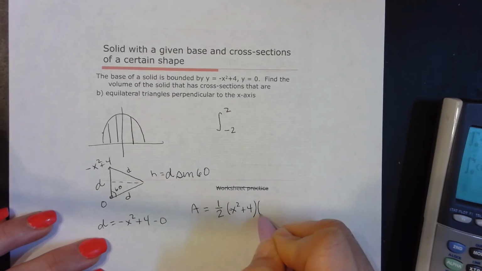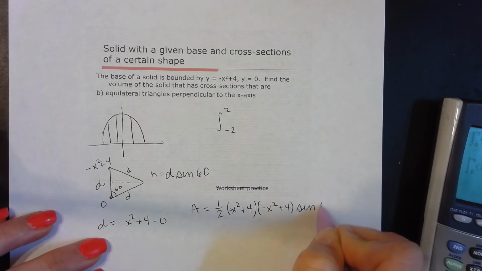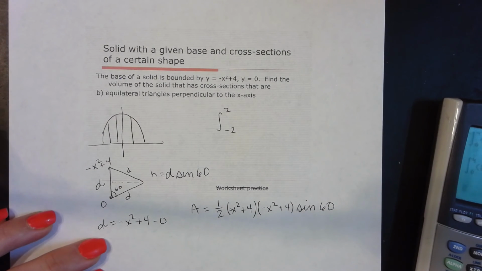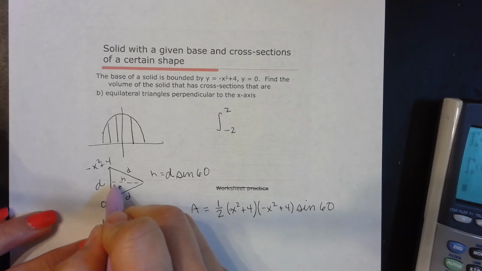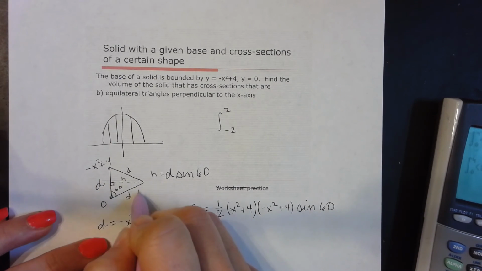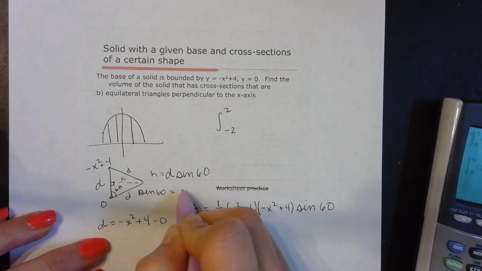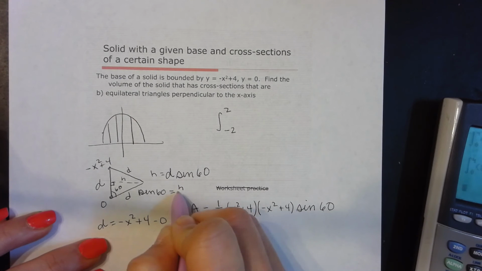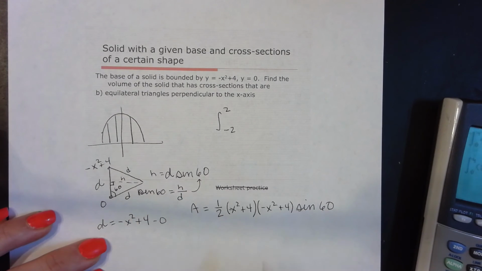And the reason for that is because from our trigonometry, we know that the sine of 60 will equal opposite over hypotenuse, so h over d, and that gives us that value. So here's my area. So my integral is going to be 1/2 times that d value times itself times the sine of 60.